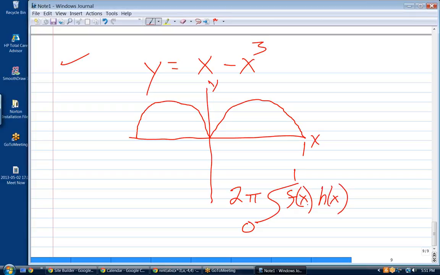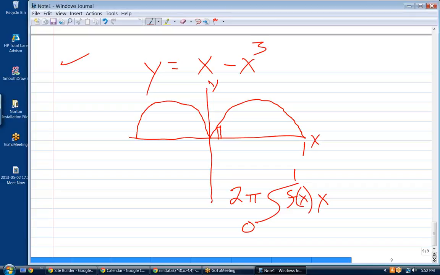We know that f of x is the height, y, and h of x is just x. Let me see if I can explain this by the method they use. They start with a rectangle that they're going to rotate about the y-axis, creating that cylindrical shell.